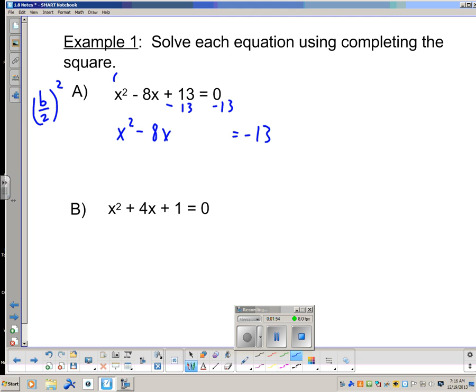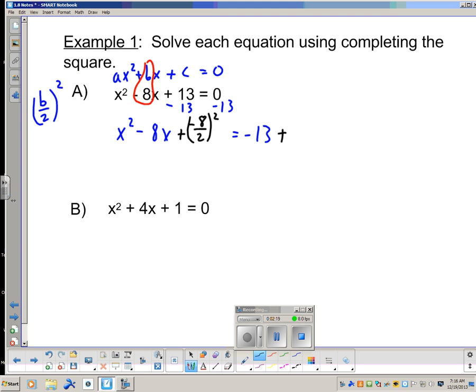Now your b value is your middle term up here, if you remember. So my b value here ends up being -8. That is my b value. So in here, I'm going to take b, which is -8, divide by 2, square it, and add to both sides.